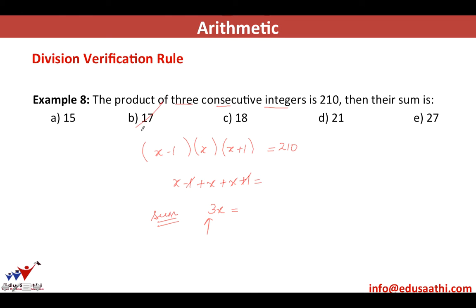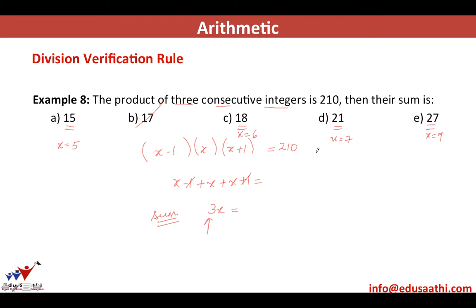17 cannot be the answer because it is not a multiple of 3. However, 15 can be an answer option, 18 can be, 21 can be, 27 can be. So I'll go according to the options and find the value of x in each case. x here comes out to be 5, here 6, here 7, and here 9.